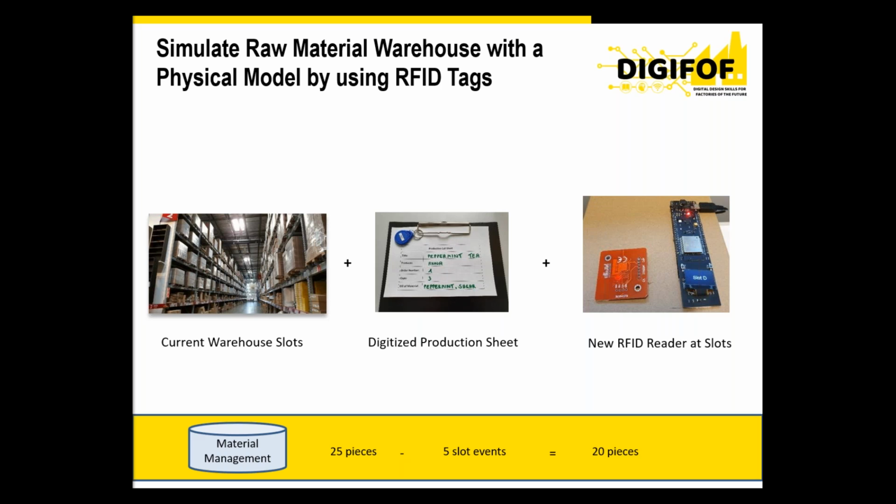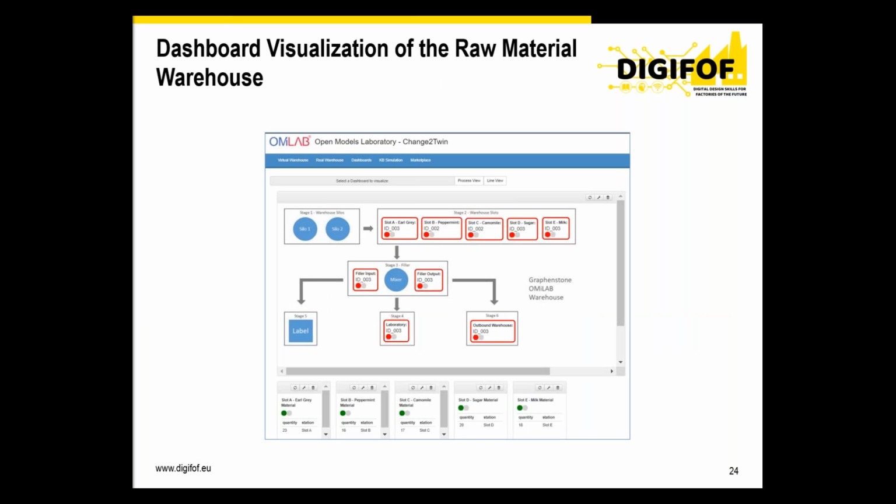And I would like to show you now how the raw material events captured with Petri nets, user input, or RFID can be visualized with the dashboard. And I will also show you again how this works in our OMiLAB laboratory example. And here you can see that the dashboard visualizes an overview about the last slot events and helps you to determine the raw material status.